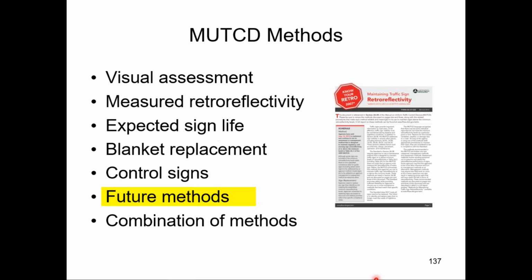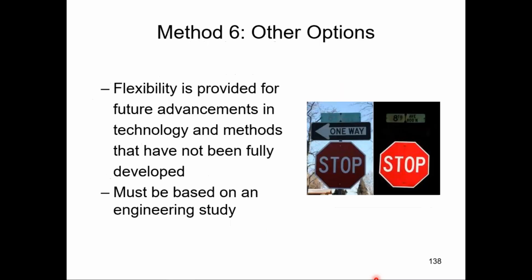So those were the 3 identified management methods that are talked about in this FHWA publication that you see there on the right. They also make allowance for future methods. So they give agencies some flexibility.